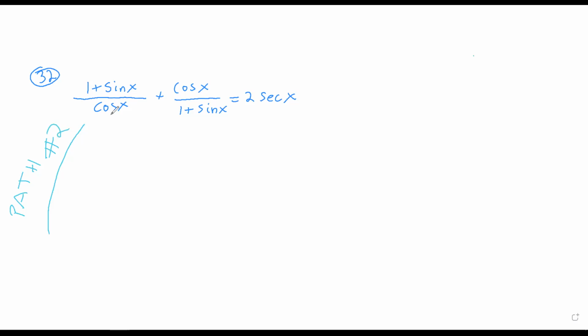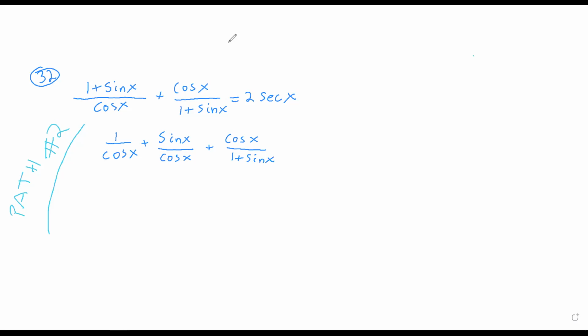We're going to take this first factor and divide it: 1 divided by cosine plus sine divided by cosine. For now, we're going to leave this factor as it is. Plus cosine divided by 1 plus sine of x.